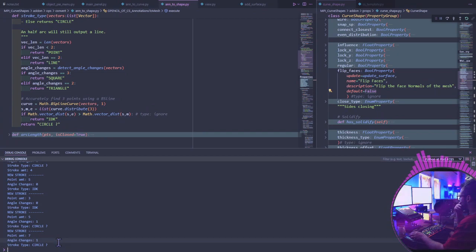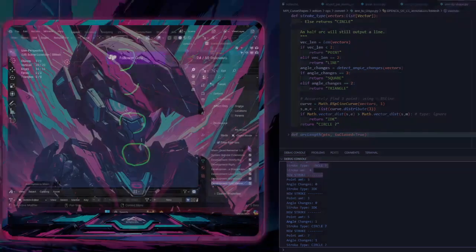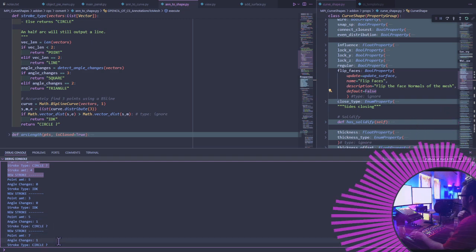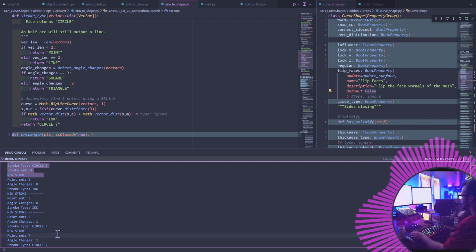All right, so the first is a 180 arc, 5 points. Then a 90-degree kind of arc, 3 points. Then a 270-degree arc, 5 points. Then a full circle, 7 points.